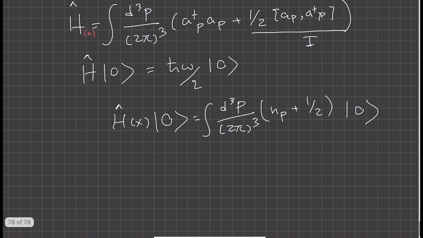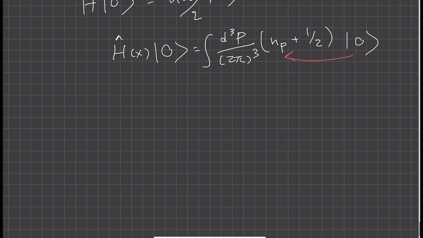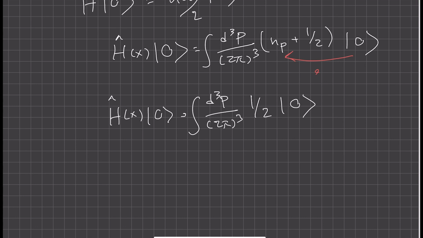The first term is just 0 because the vacuum doesn't have anything. But the other term is equal to the integral of d^3p over (2 pi)^3 of the zero-point energy. So what is the result of this number? This is infinity.